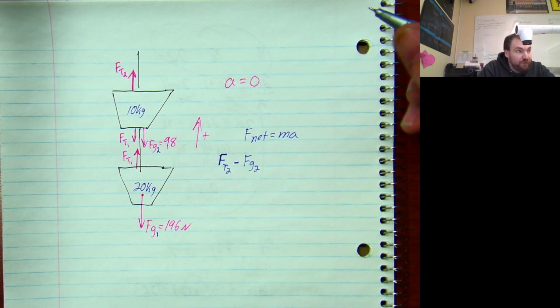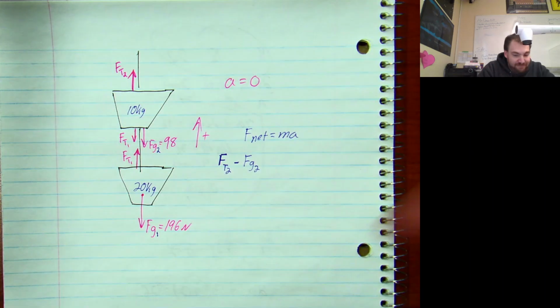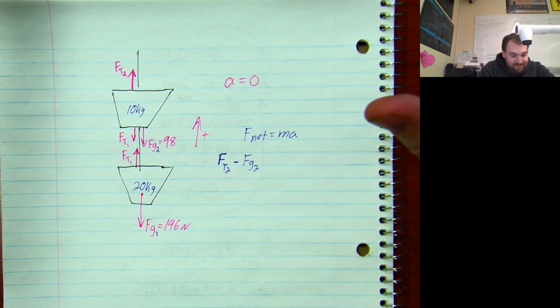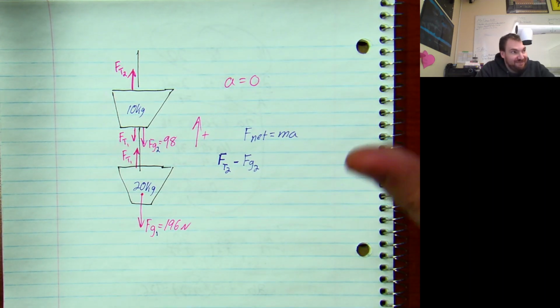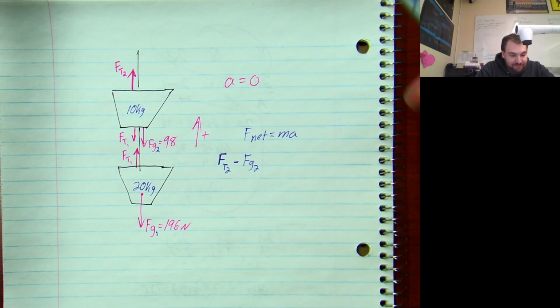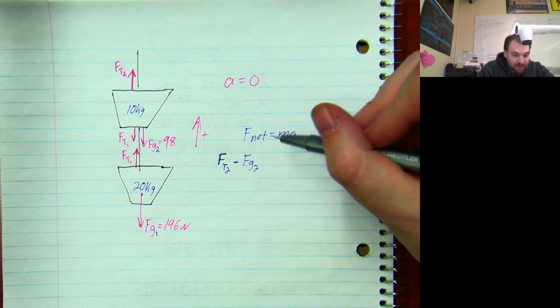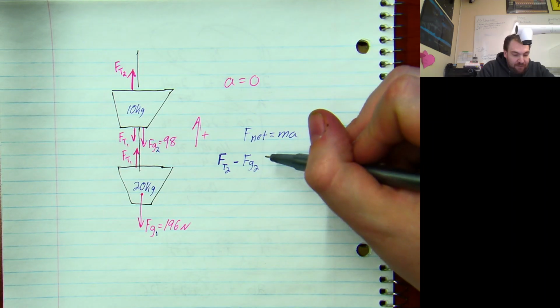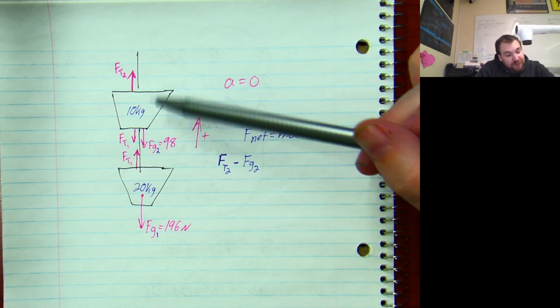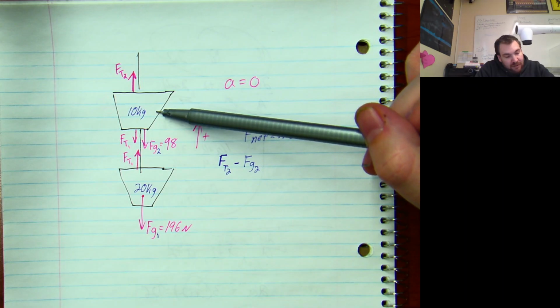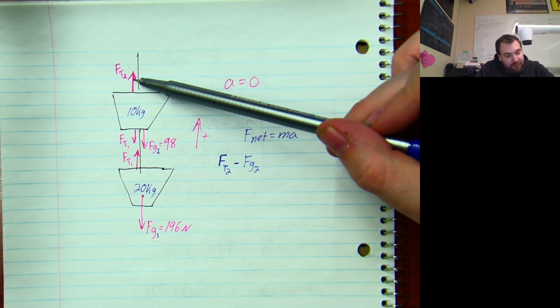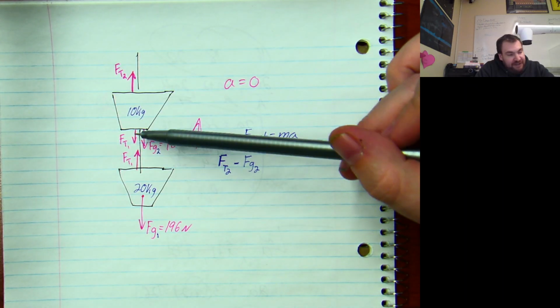Hold on, no, we have to do it for the whole system. Actually, so you're analyzing it just for this one? Yeah. So this one has an FT2 upwards and an FG2 downwards and an FT1 downwards.